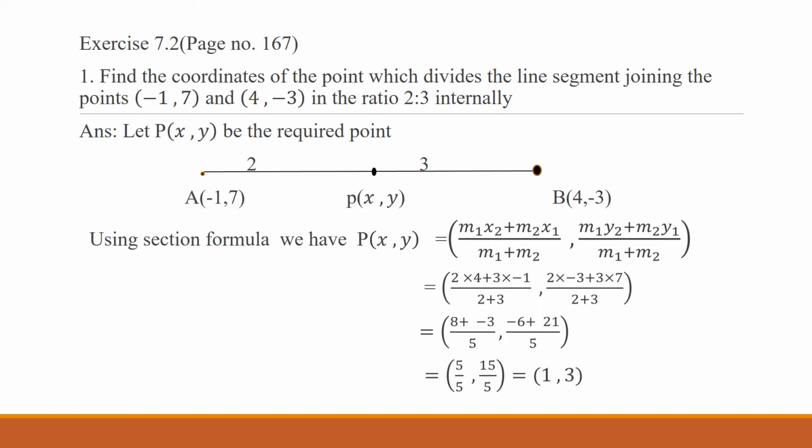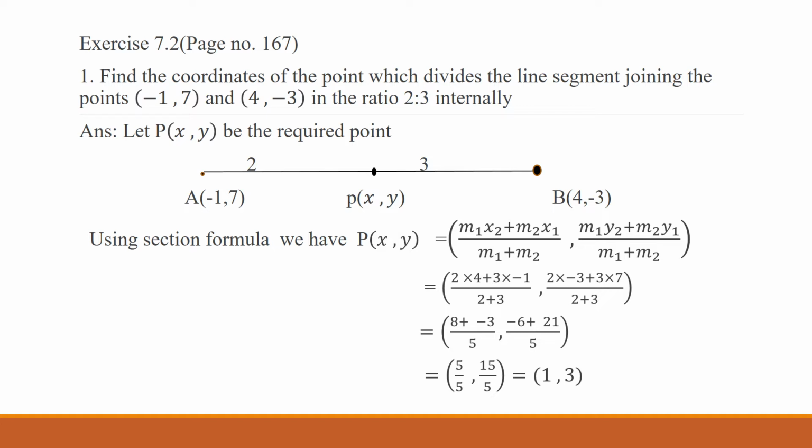Find the coordinates of the point which divides the line segment joining the points (-1, 7) and (4, -3) in the ratio 2:3 internally. Let the point be P which divides the line segment AB internally in the ratio 2:3 and the coordinates of P is taken as (x, y).